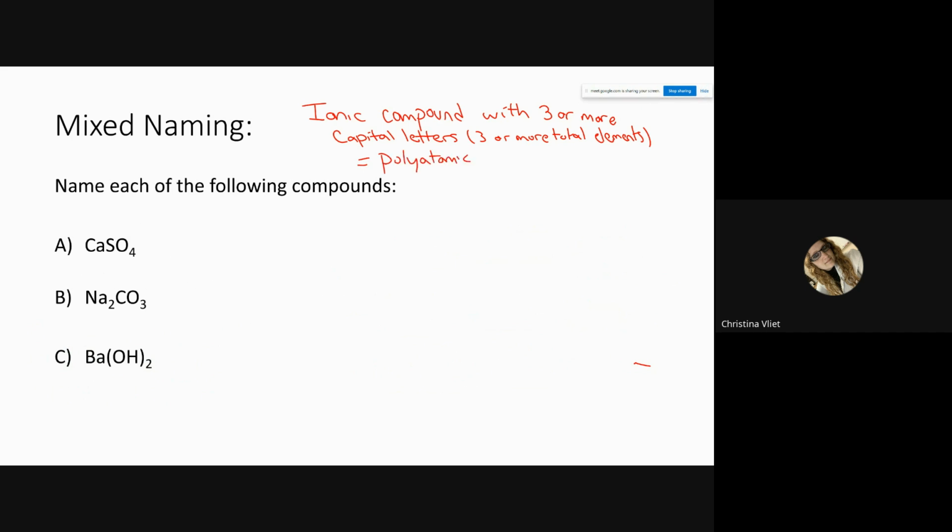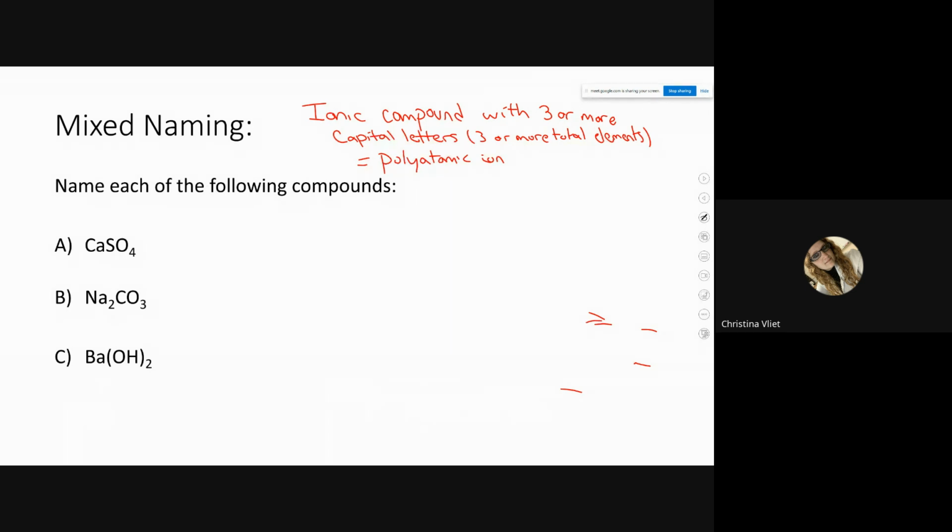What you should notice, most, not all, but most polyatomic ions have what element in them? Look back at the list. What element is in most polyatomic ions? Do you see it? Oxygen.